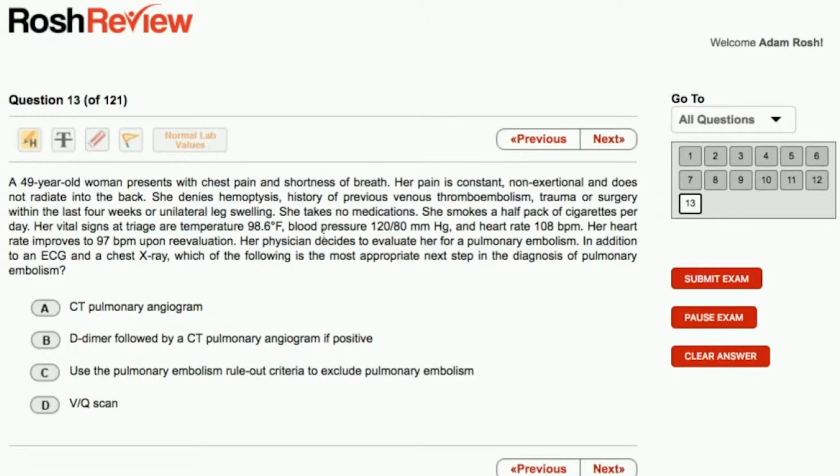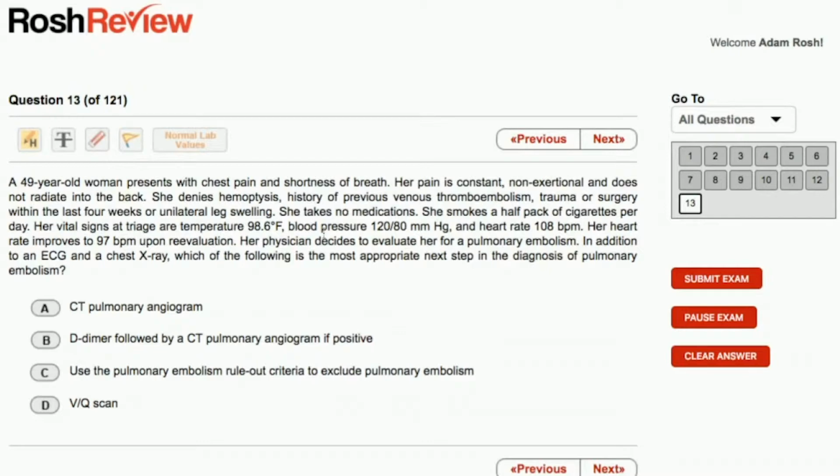In addition to an ECG and chest x-ray, which of the following is the most appropriate next step in the diagnosis of pulmonary embolism? That was a lot of information in this question, and we are being asked to choose the next best diagnostic tool here.